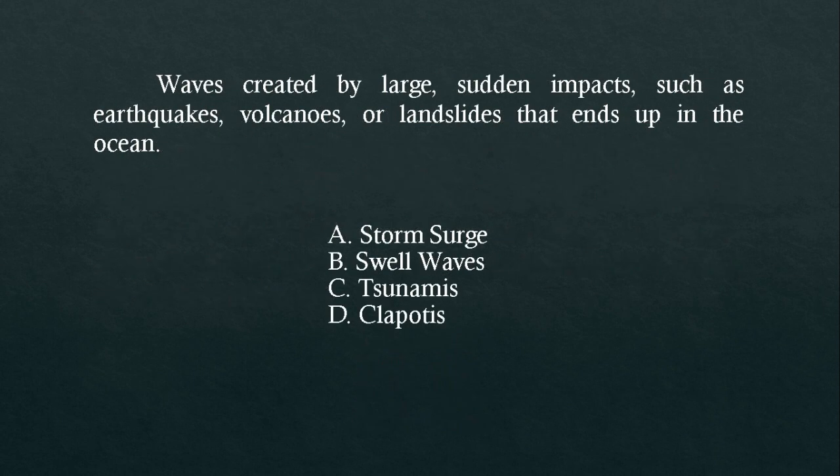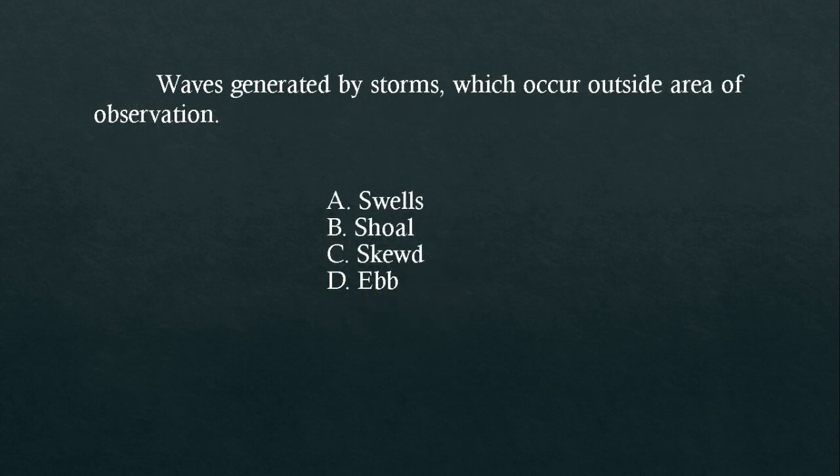Waves created by large, sudden impacts, such as earthquakes, volcanoes, or landslides that end up in the ocean. Waves generated by storms which occur outside the area of observation.